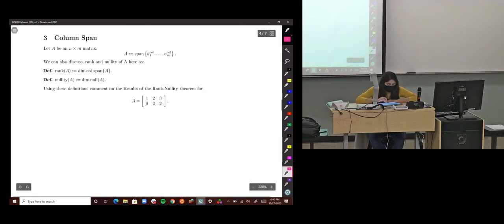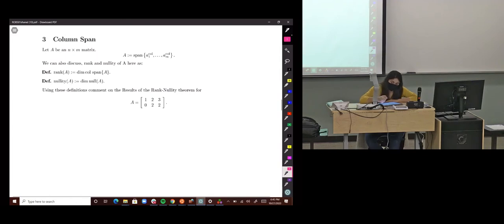Where do we use this? Well, we've defined something called the rank nullity theorem, which says that for any matrix A, which is M cross N, the rank of A plus the nullity of A should be equal to the number of columns.